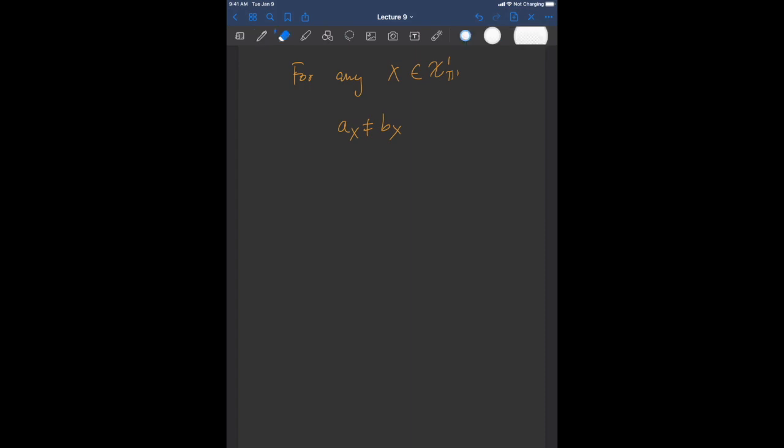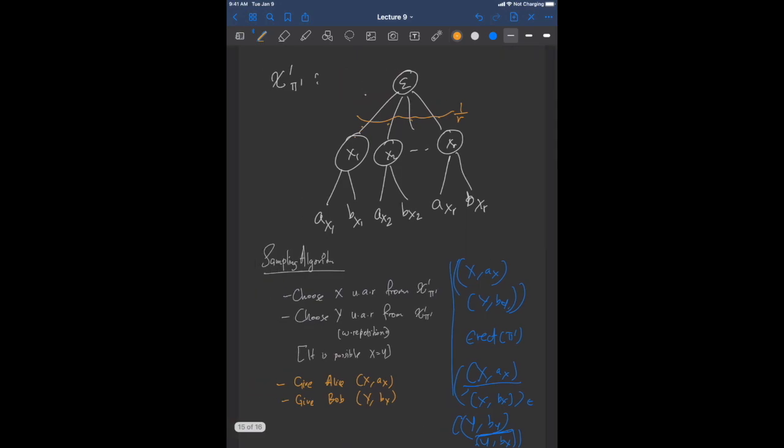To do something like that, again we will use another probabilistic argument. So we will not run the sampling algorithm on this set X dash pi, but we'll do some more modification to this set. Let me call this set X dash.